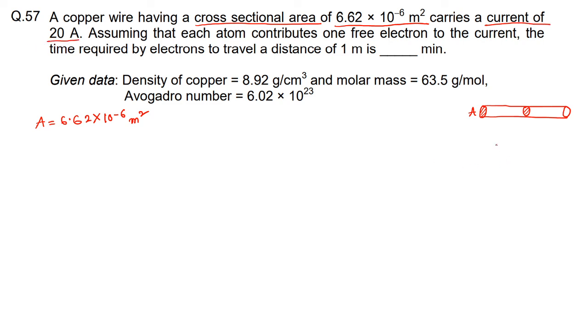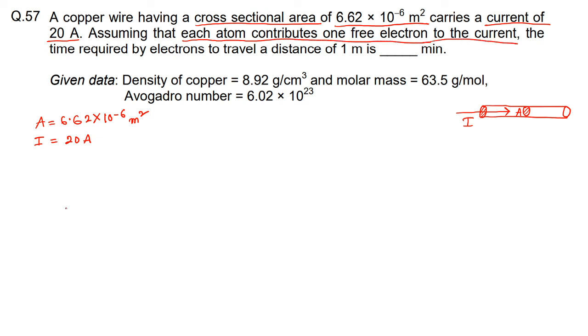Current is 20 ampere, so in this copper wire, current is flowing. Let's take it as I, and the cross-sectional area is A. So I equals 20 ampere. Now the question says, assuming that each atom contributes one free electron to the current.